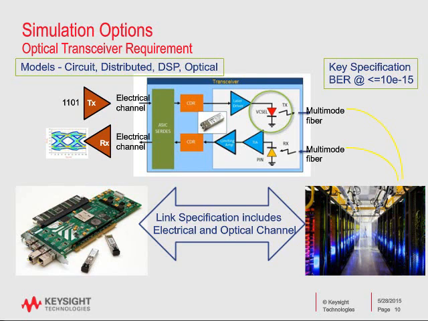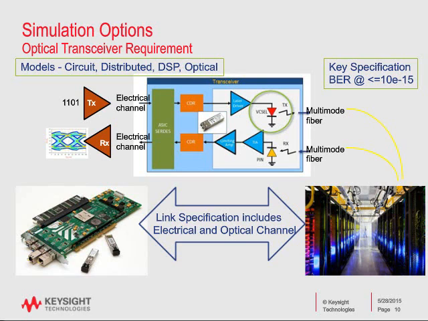What you'll see here is that there's a specification that often applies to the whole electro-optical PHY, and that is bit error rate. So we need to be able to get a handle on that, and that means typically using simulation with large numbers of bits. So let's move on and take a look at the simulation.